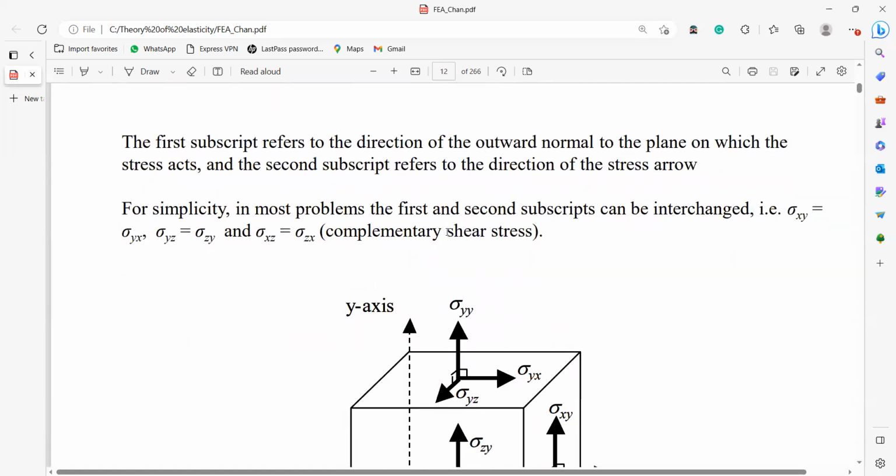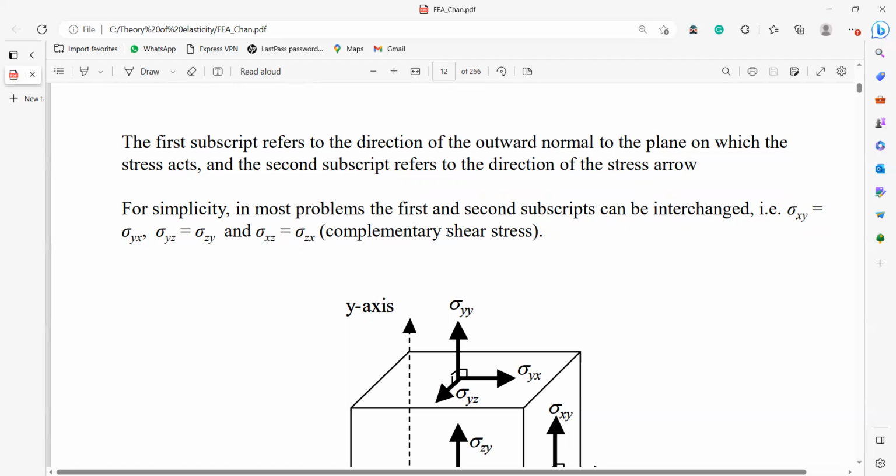So why is it that you can call it a sigma x, but why do you call it a sigma xx? It's because the first subscript is for the direction of the outward normal to the plane on which the stress acts, and the second subscript refers to the direction of the stress arrow.